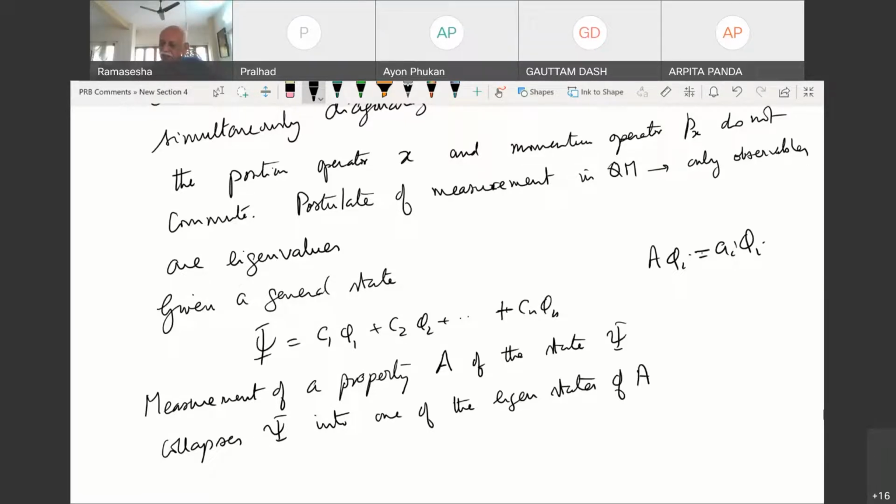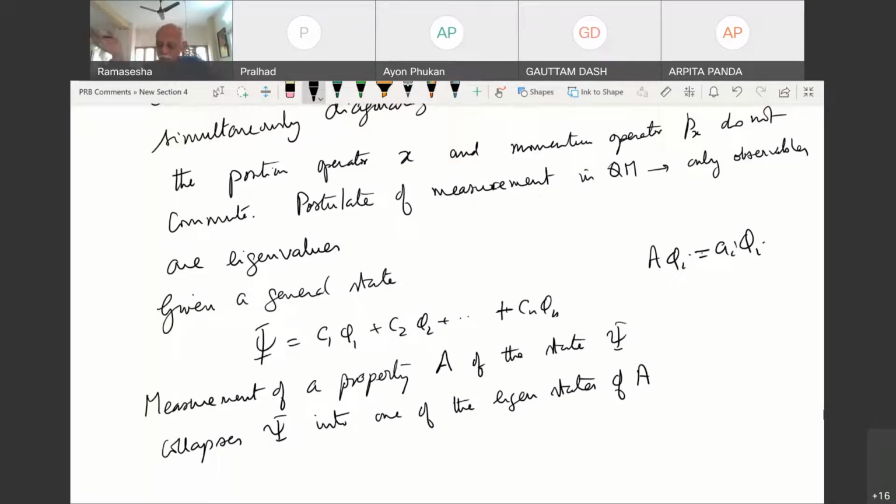So psi can be written as C1 phi1 plus C2 phi2 plus etc. up to Cn phin, where phi1, phi2, phin are eigenstates of A with eigenvalues a i.